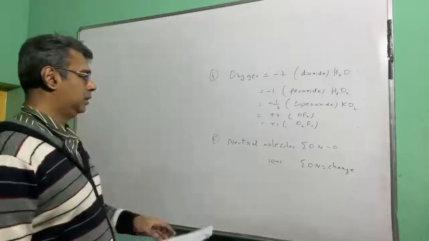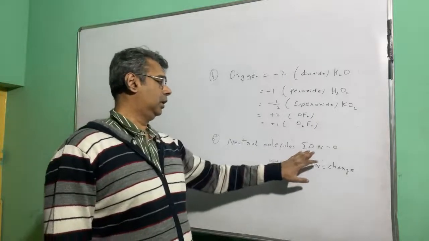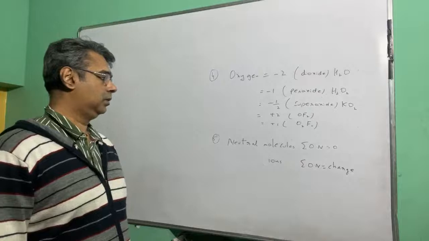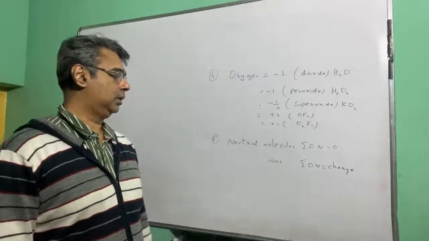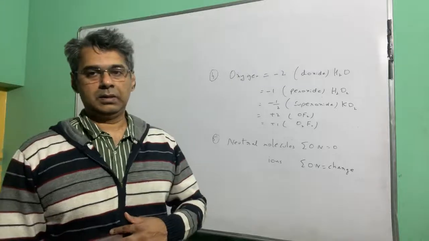Okay, if it is a neutral molecule, then the total oxidation number will be 0. But if it is an ion, then the total oxidation number will be equal to the charge on the ion.